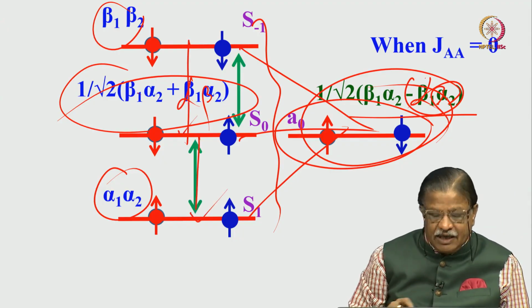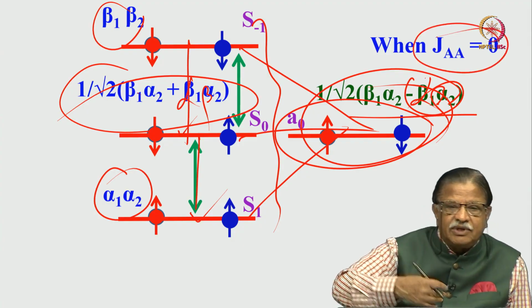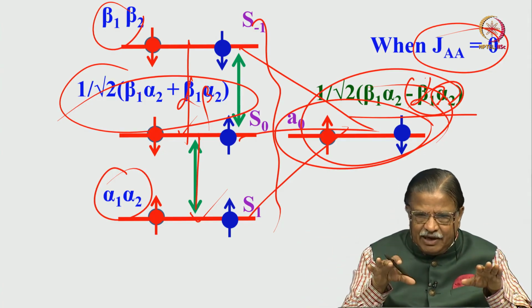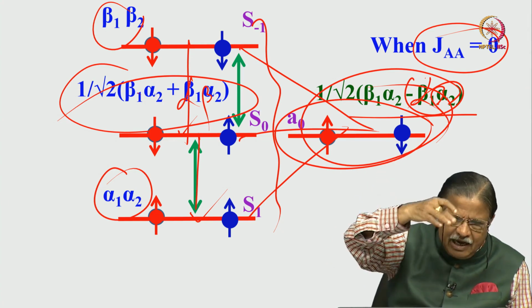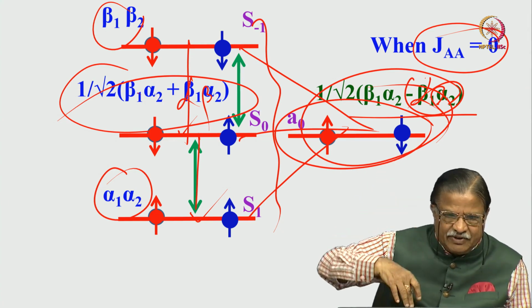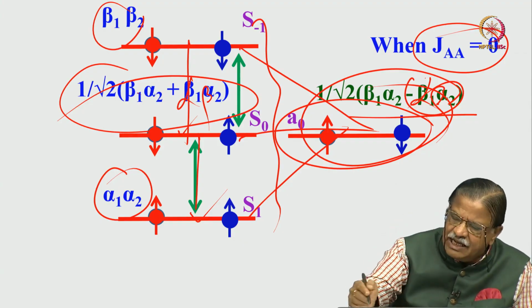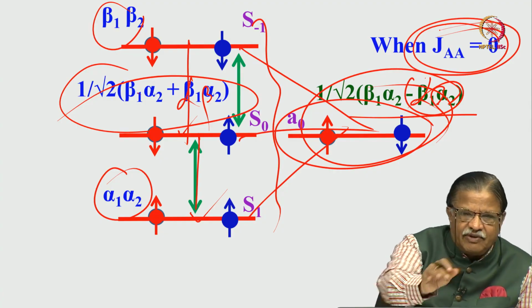So, now let us see what happens to the situation when the coupling is 0, there is no shifting of the energy states. As I said, only when there is a coupling, then the energy level alpha alpha gets shifted up by J by 4 and similarly alpha beta and beta alpha shifted down. That is what we have been discussing for weakly coupled. Now, in this case of JAA equal to 0, there is no more shifting of the energy state.